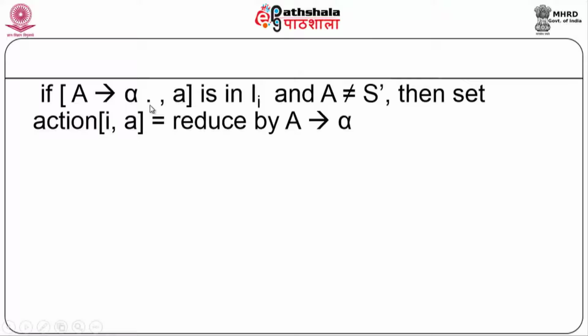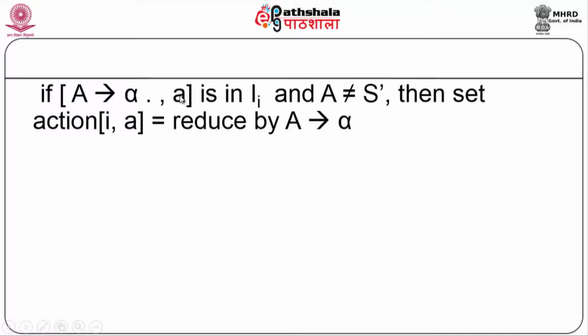If I have a production item with a dot at the end, in that item number Ii, where A is not equal to S dash, that is, it should not be the augmented production, then you set the action i comma a is equal to reduce by A produces alpha. So this is the a we are talking about here.